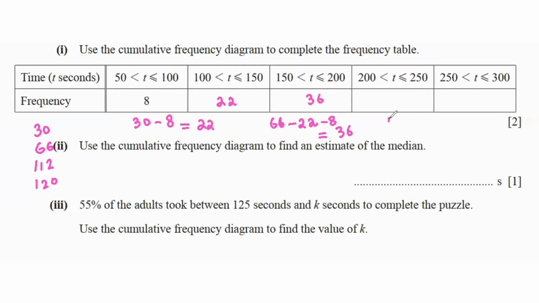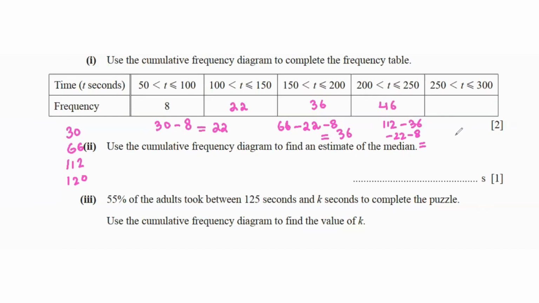Then over here, I'm going to do 112 minus 36 minus 22 minus 8, which will give us 46. And lastly, I will subtract all of these values from 120. So 120 minus 46 minus 36 minus 22 minus 8, which equals 8.